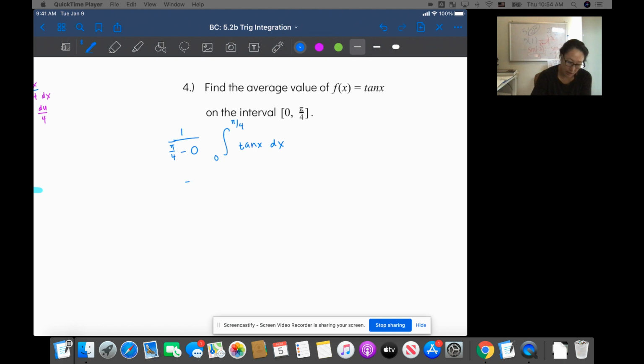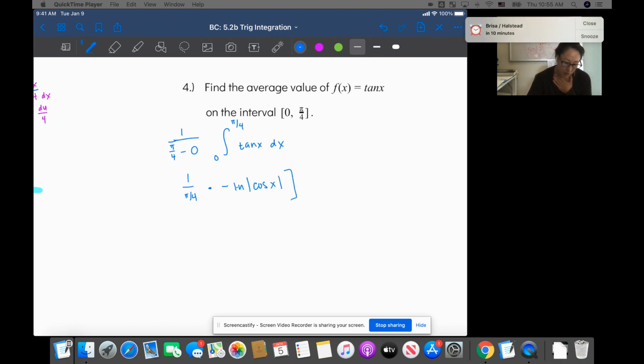So 1 over pi over 4 times the integral of tangent, which is negative ln of the absolute value of cosine of u, which is x in this case.